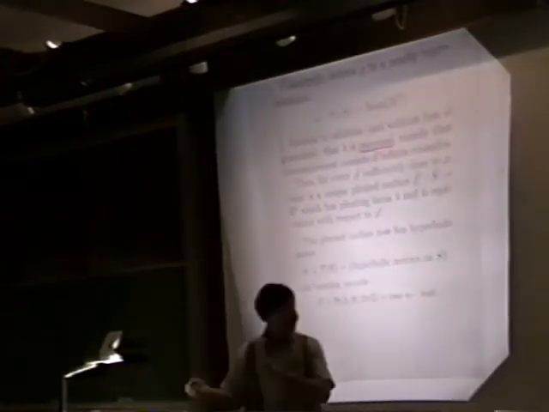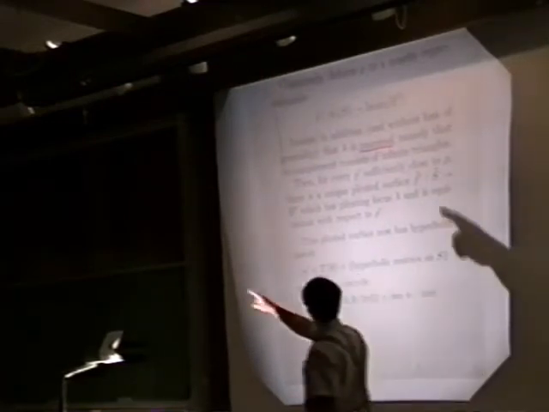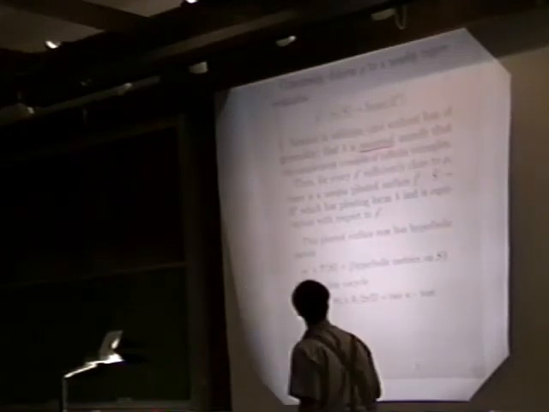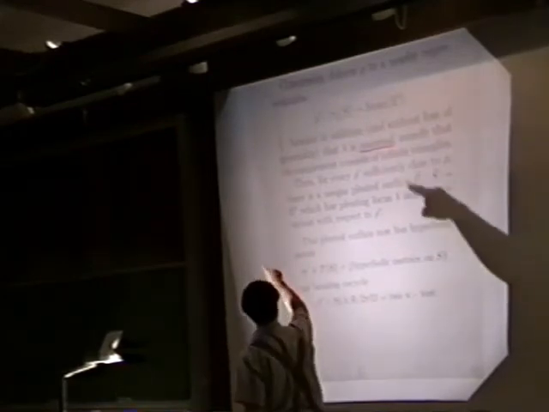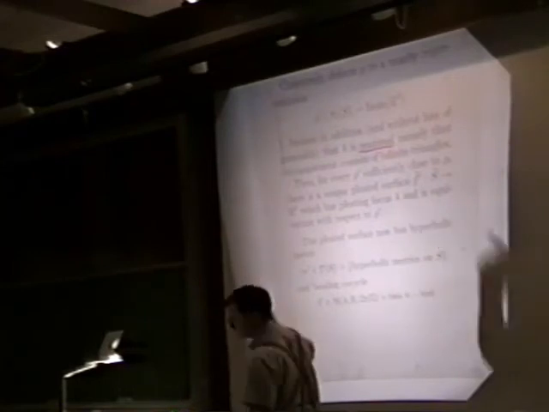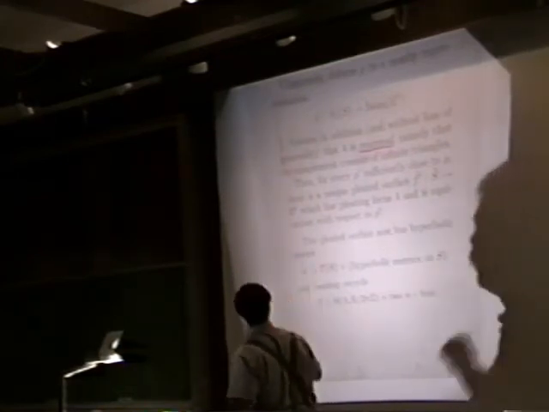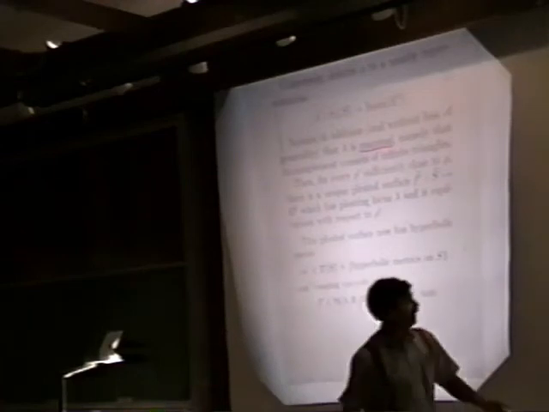So if I deform my representation to one which is nearby, I can still find a new pleated surface which has the same pleating locus. It's this idea that you can still keep track of the geodesics, except that it is equivariant with respect to rho prime instead of rho.